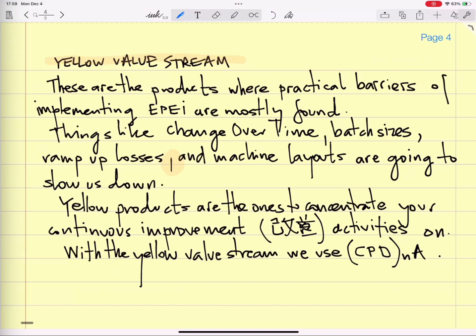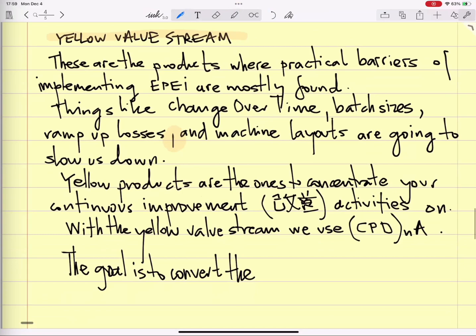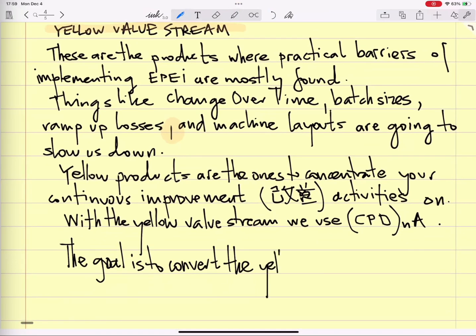The goal is to convert the yellow into green.